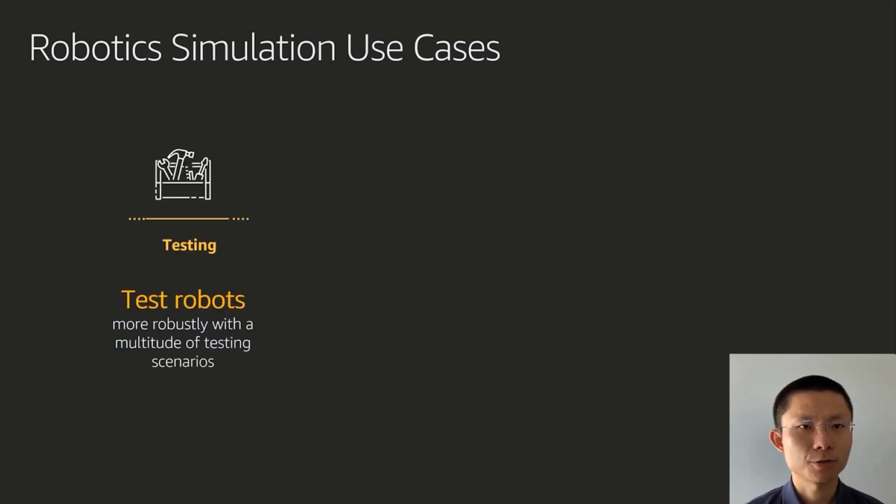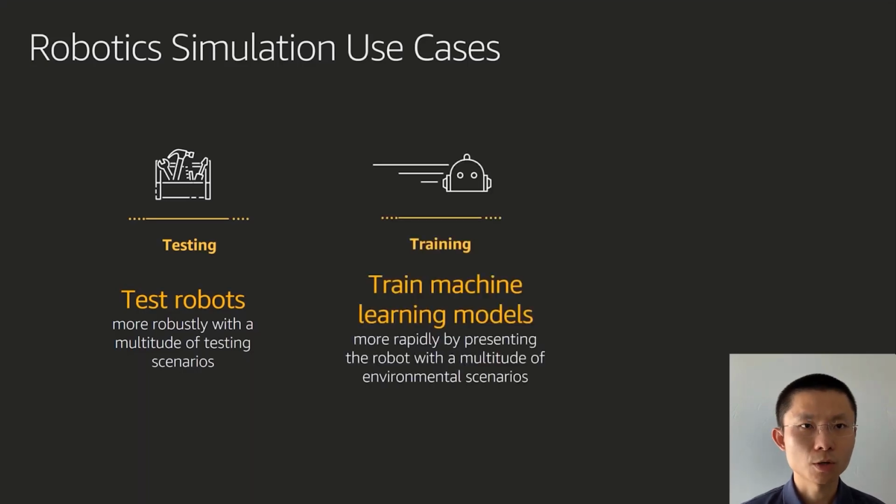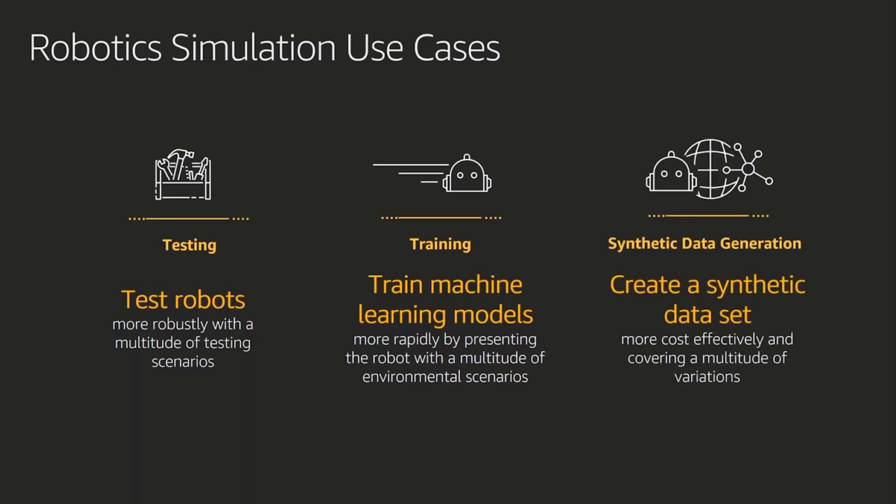We've had a lot of customers using simulation to test the functionality of their physical robots inside virtual environments. We've also had customers doing machine learning model training using simulated environments. And also synthetic data generation: from the simulation, you can capture pre-labeled synthetic data, typically imagery data, and then you can use these data to solve problems such as computer vision.